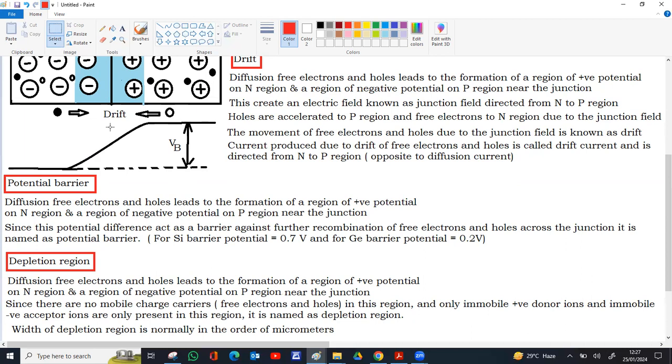The center will be at zero potential. So this diagram shows the variation of barrier potential. Since only the potential difference is important, there is no zero line. Actually, there will be a zero line here, the central line. So this will be negative and this will be positive, and this part will be zero, but normally the diagram is drawn without the axis.